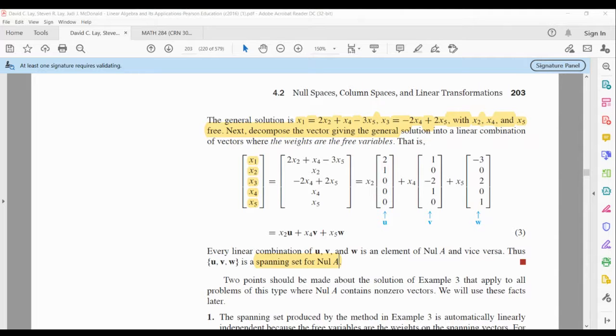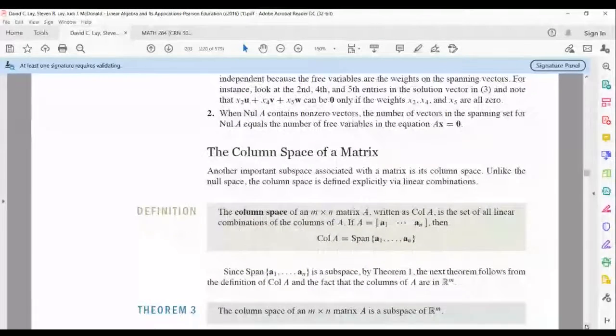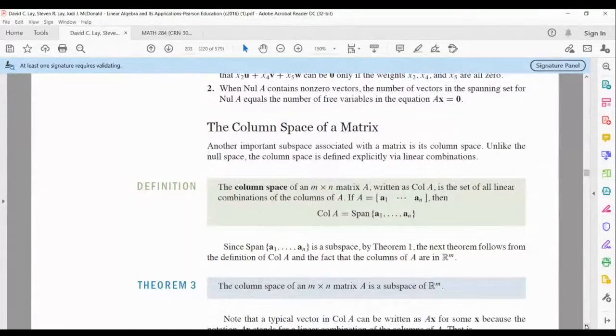All right, well, we're halfway there. We've talked about the null space. Let me show you another subspace called a column space.